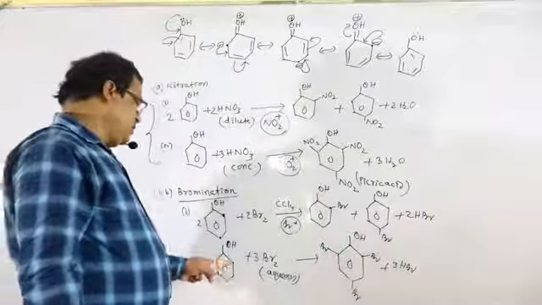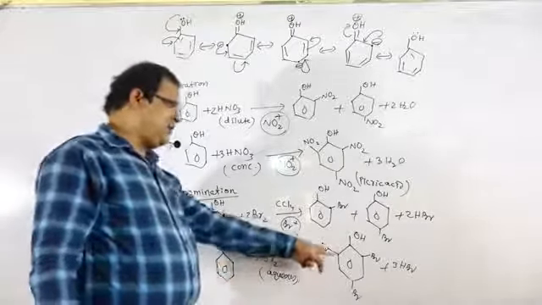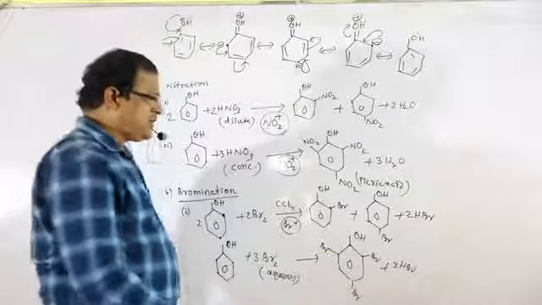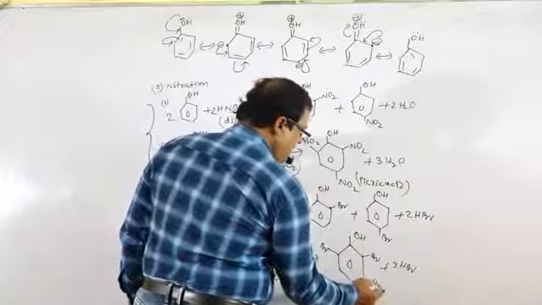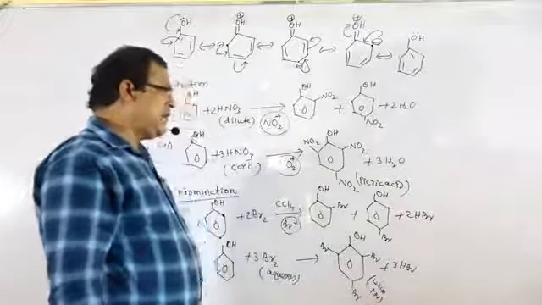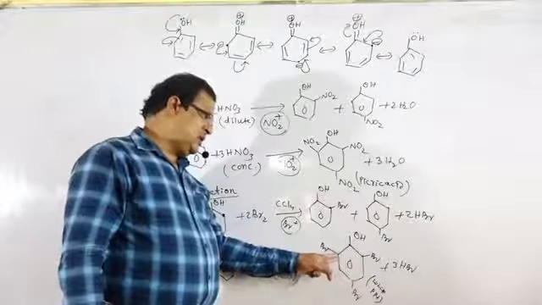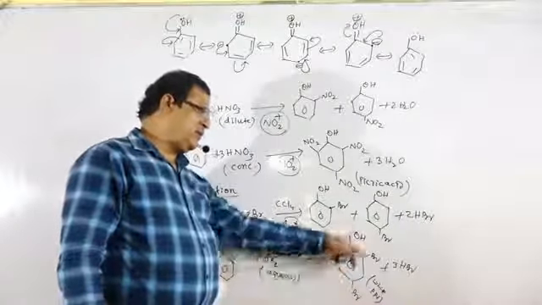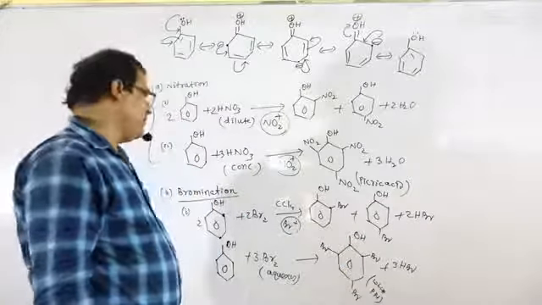All the ortho and para positions get occupied by bromine, and there is the formation of a white precipitate of 2,4,6 tribromophenol.